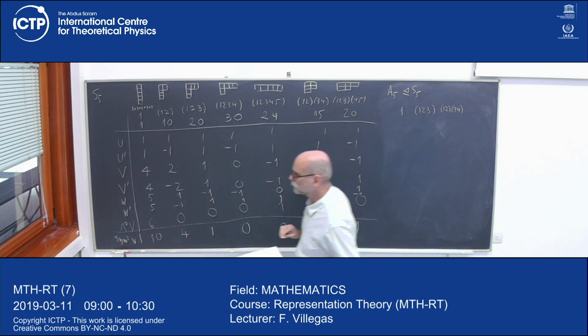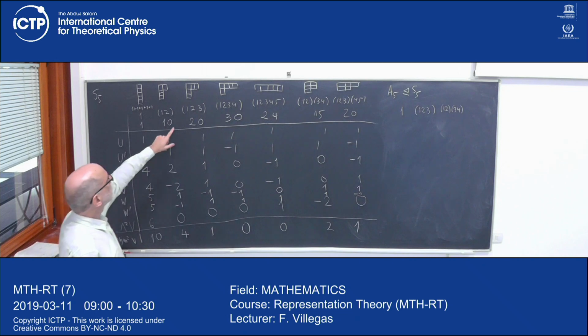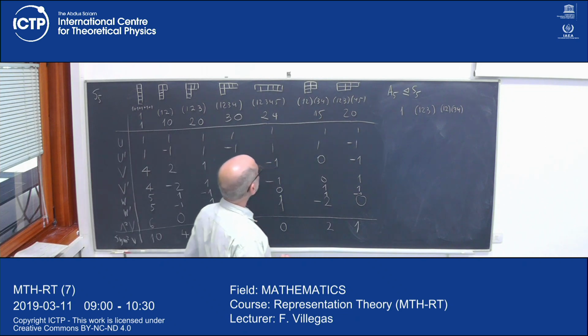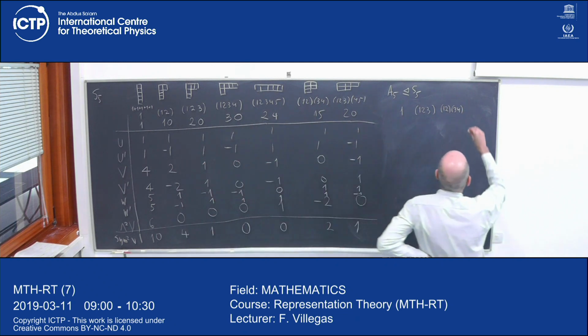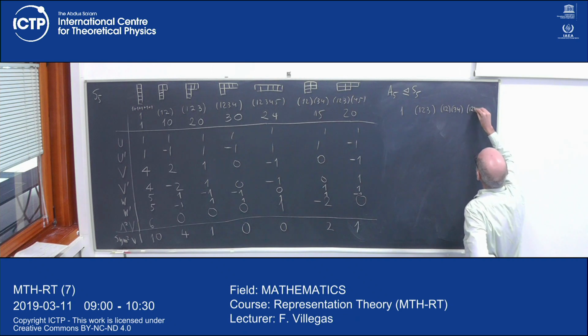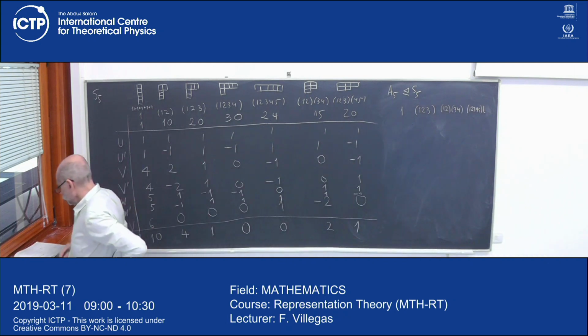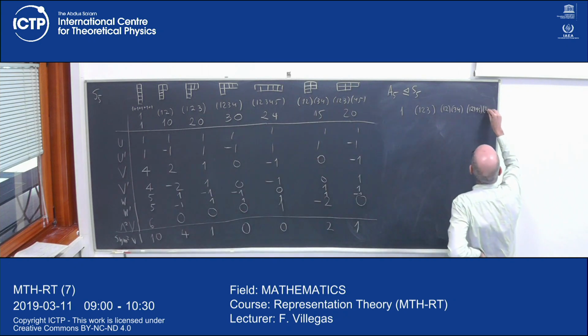But here comes a phenomenon that is quite common. The even conjugacy classes are the ones that have a 1 in this row. So a 5 cycle is an even permutation, but every 5 cycle is conjugate to all other 5 cycles in S5, yet there are 5 cycles that you cannot get from one to the other by means of an even permutation.